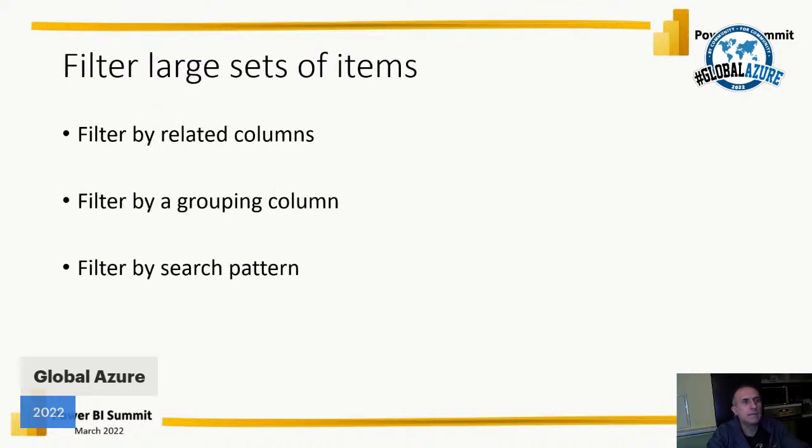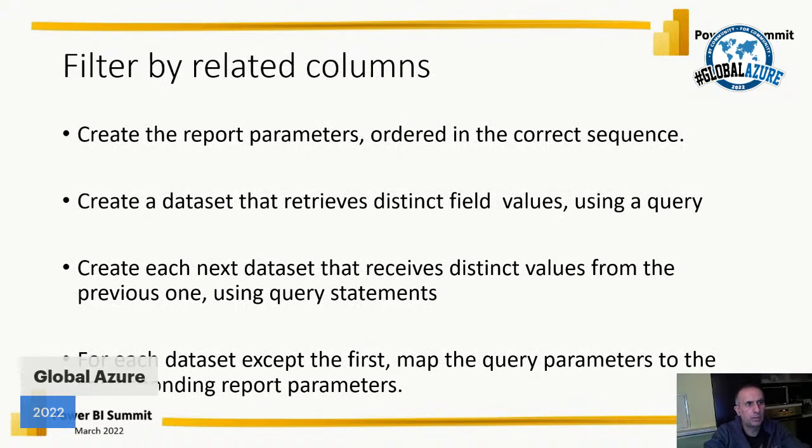There are three main options to filter large sets of items: filtering by related columns, when you have some relation between different columns, filter by grouping column, and filter by search pattern.